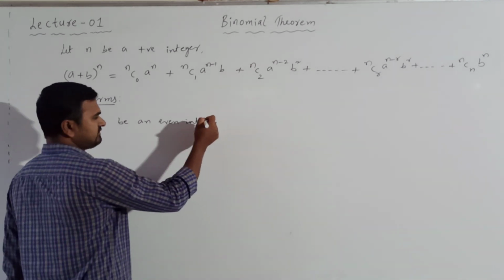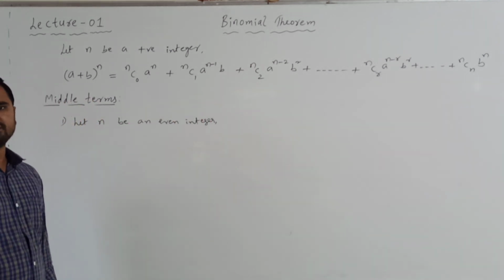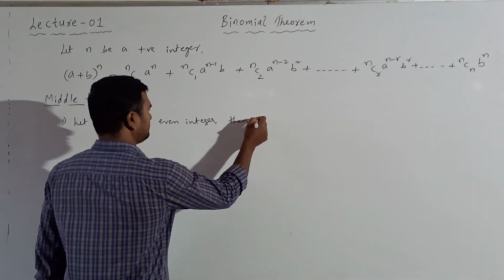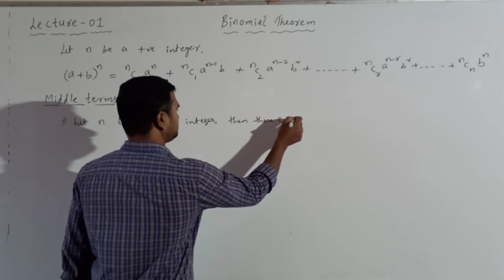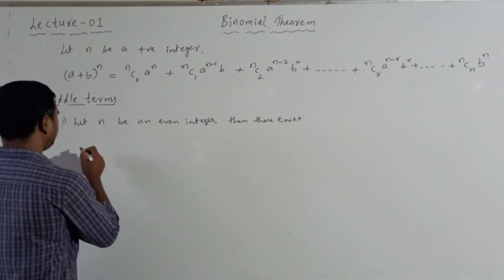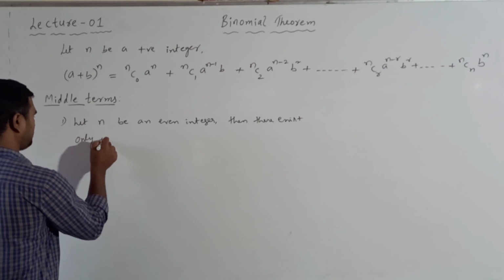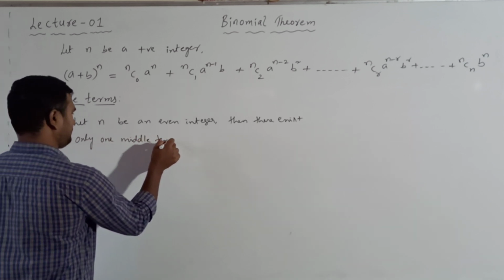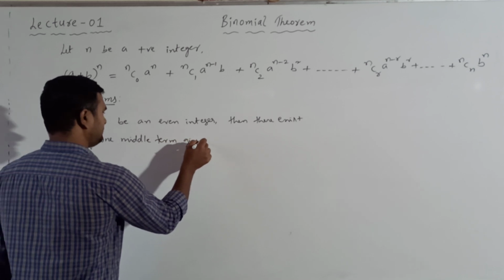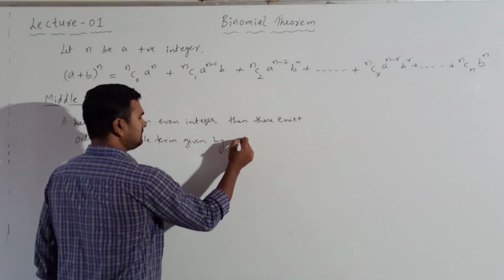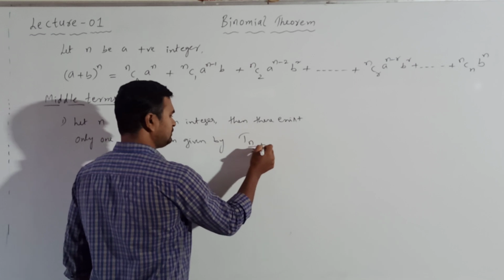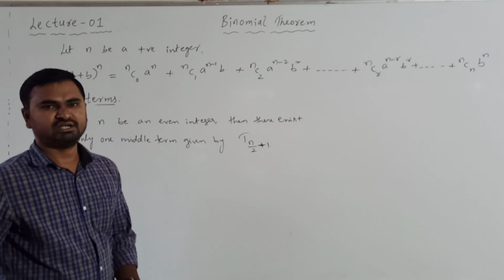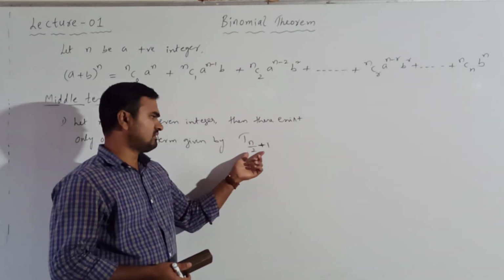Whenever n is an even integer, there exists only one middle term, given by t of n by 2 plus 1.